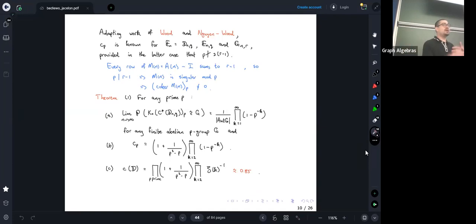If you give me a large set of vertices and I randomly add edges in this Bernoulli digraph way, about 85% of the time I'll get a C-star algebra stably isomorphic to a Kunz algebra. Okay, I don't know about you, but I find this incredibly surprising. So first of all, that you can answer this question, and second of all, that it's so high. It's higher than I would have thought somehow.